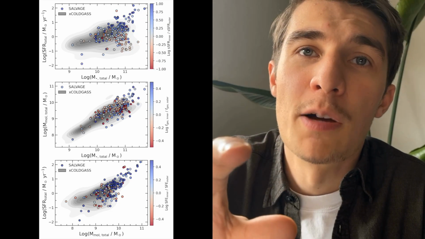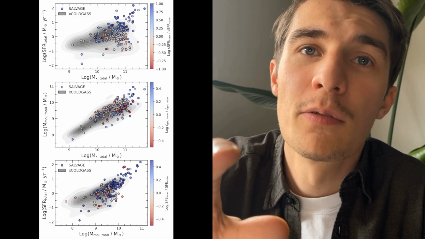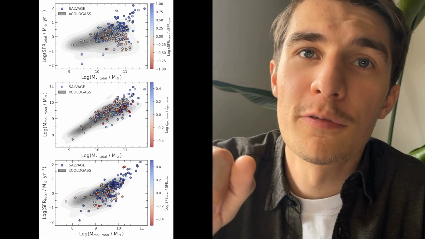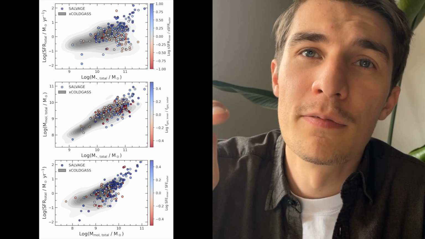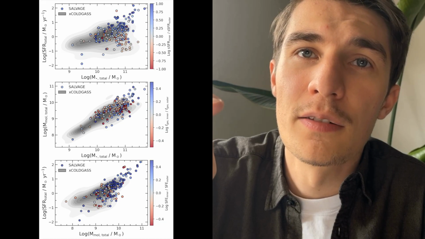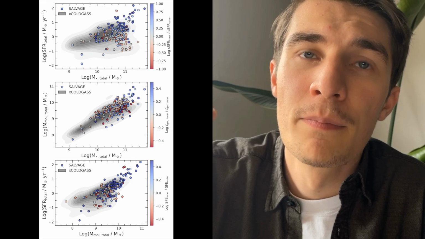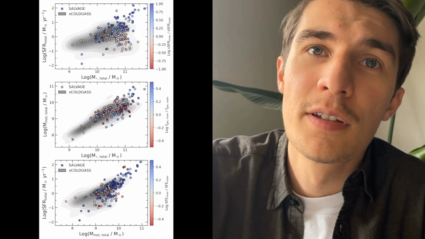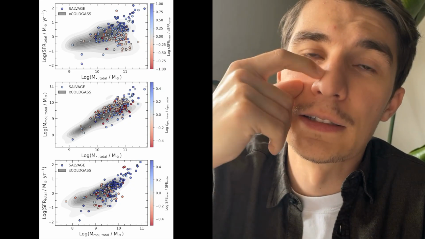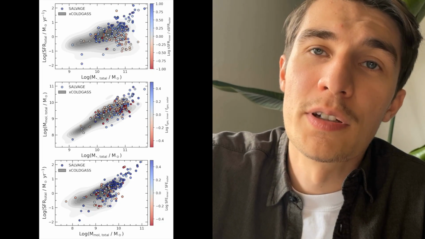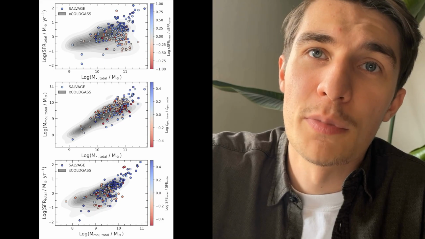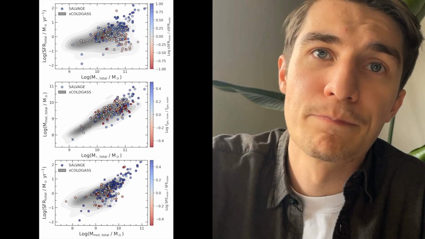However, SALVAGE now provides a perspective where we can look within those galaxies to see where the star formation is occurring. And you can start to see the beginnings of a trend where vertically your distance from the star forming main sequence changes color on the scale bar here, which is the ratio of the inner specific star formation rate to the outer star formation rate.